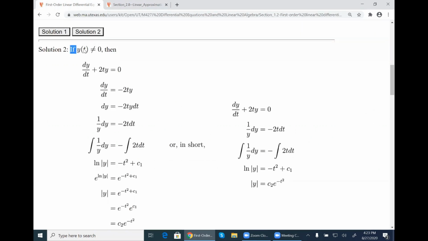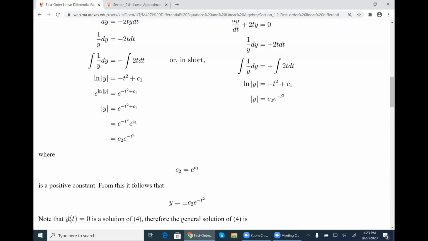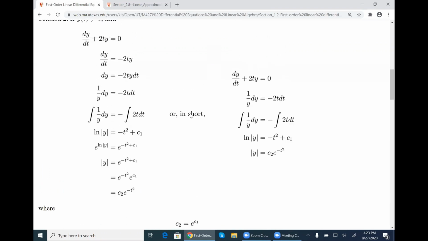Now, let us go back to this portion. Here we say, suppose y of t is not equal to 0. In other words, solution 2 consists of two parts. Case 1, suppose y of t is not equal to 0. Then we'll discuss case 2 when y of t is equal to 0.